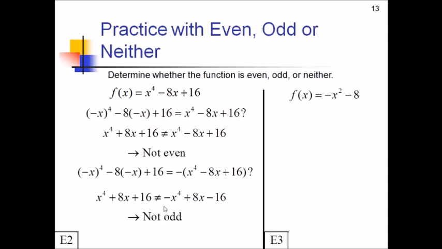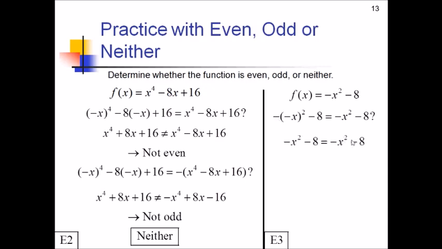Since it's neither even nor odd, then we would just say neither for this one. For example 3, plugging in -x into the x squared there, we've got -x squared. So this x becomes positive when you square it, but then you still have this negative out in front. So this becomes -x squared minus 8. That's exactly what we have on the right side as well. So this one actually comes out even.